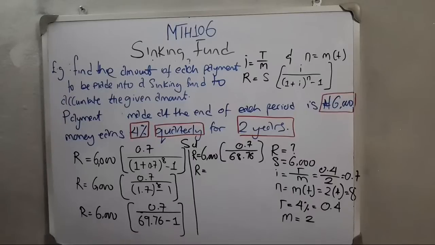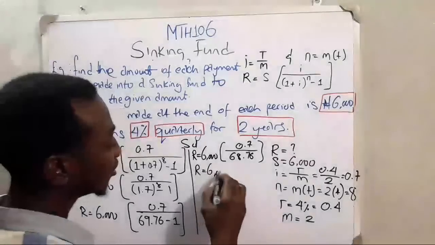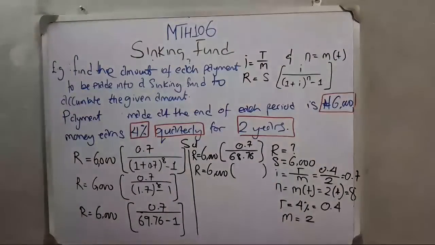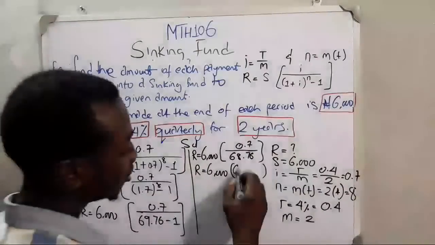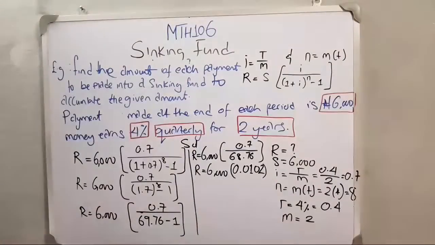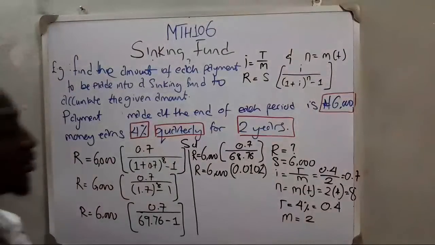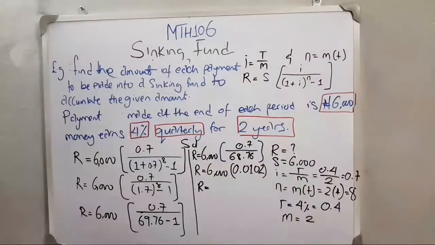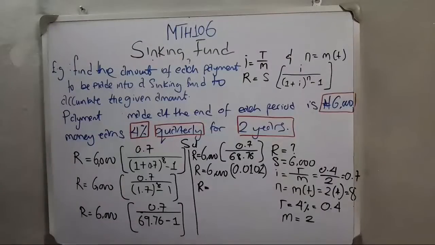That is 6,000 into the bracket of 0.0102.